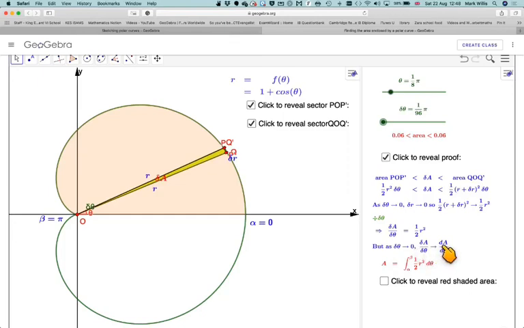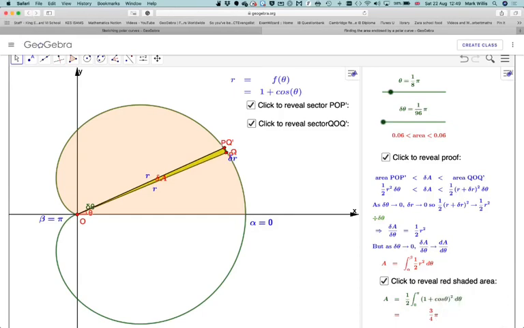Therefore, to find the area from the derivative, I need to integrate the function a half r squared with respect to theta. As I was interested in finding the area from alpha to beta, I make the limits alpha to beta. Okay, and I can click here, and it will give me the actual shaded area, which is 3 pi over 4.